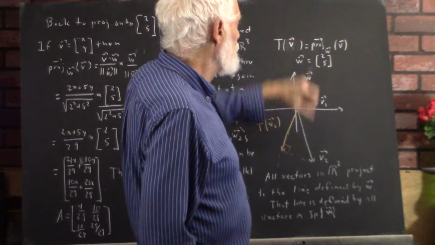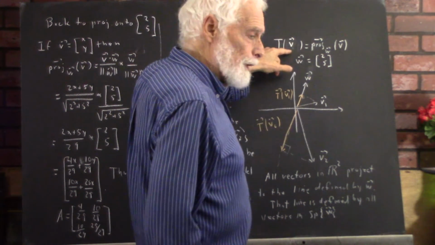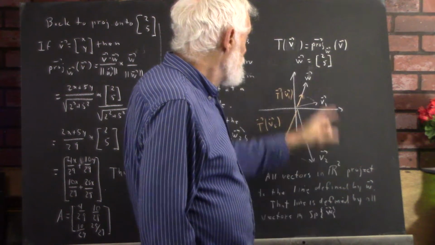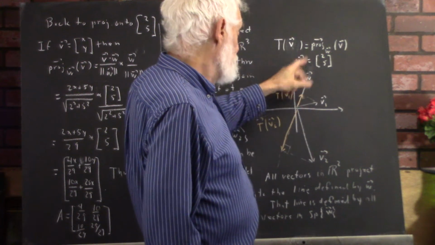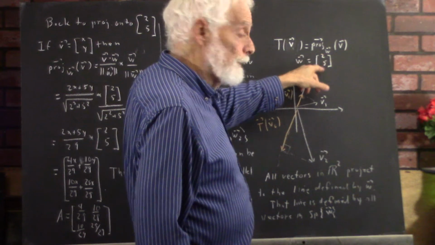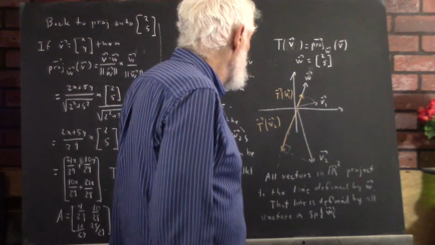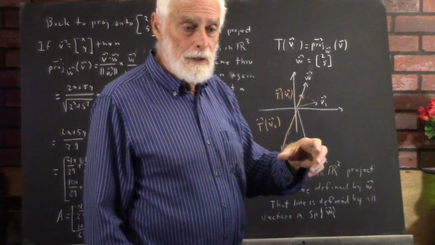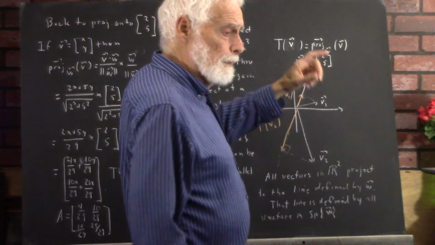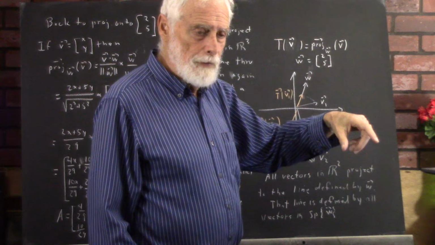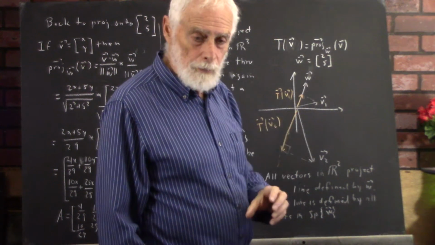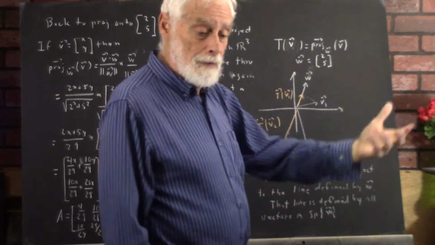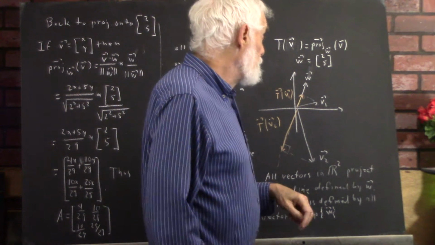Okay, well, the definition is the transformation of any vector is its projection onto some fixed vector w, and for the example I've chosen w equals the vector 2, 5. And now if I transform v1 plus v2, I ought to get the vector that's equal to the transformed v1 plus the transformed v2. That's one of the 2 conditions of linearity.